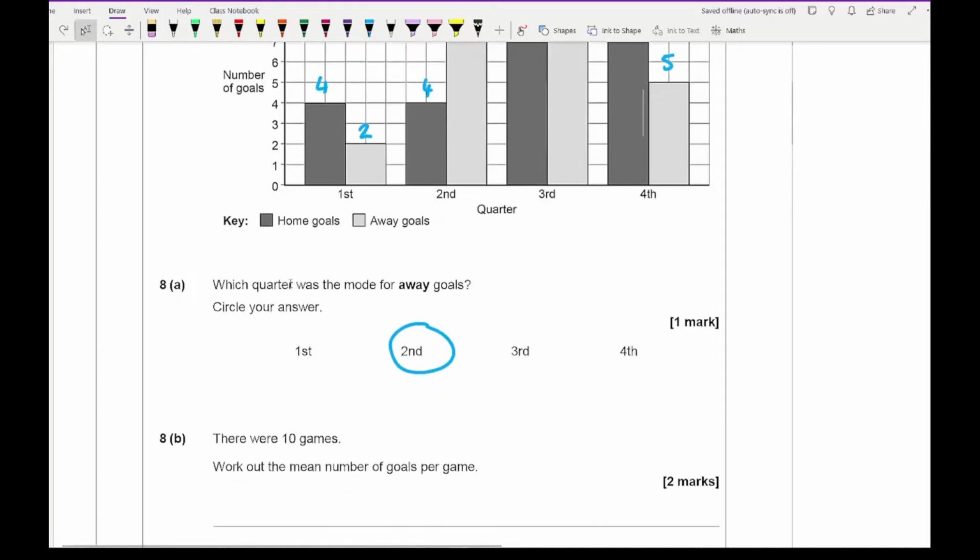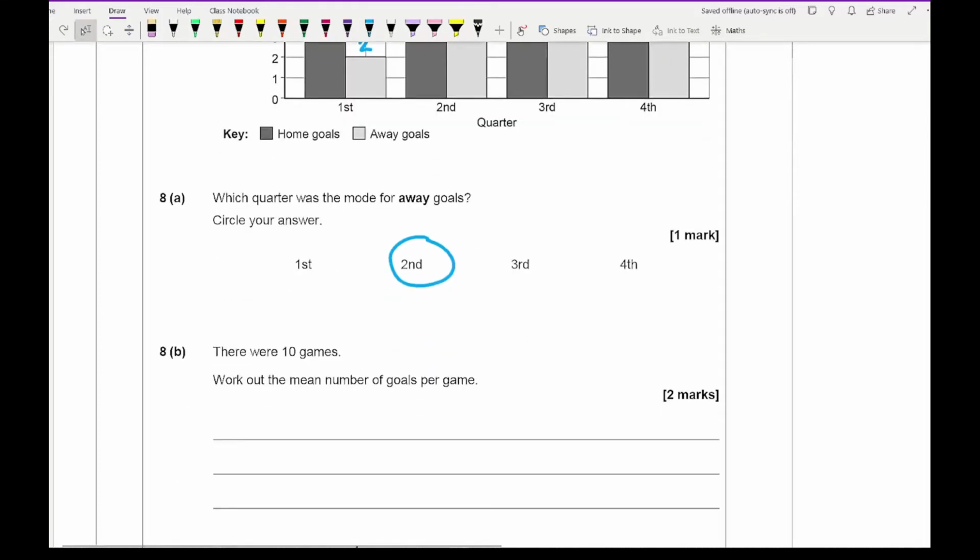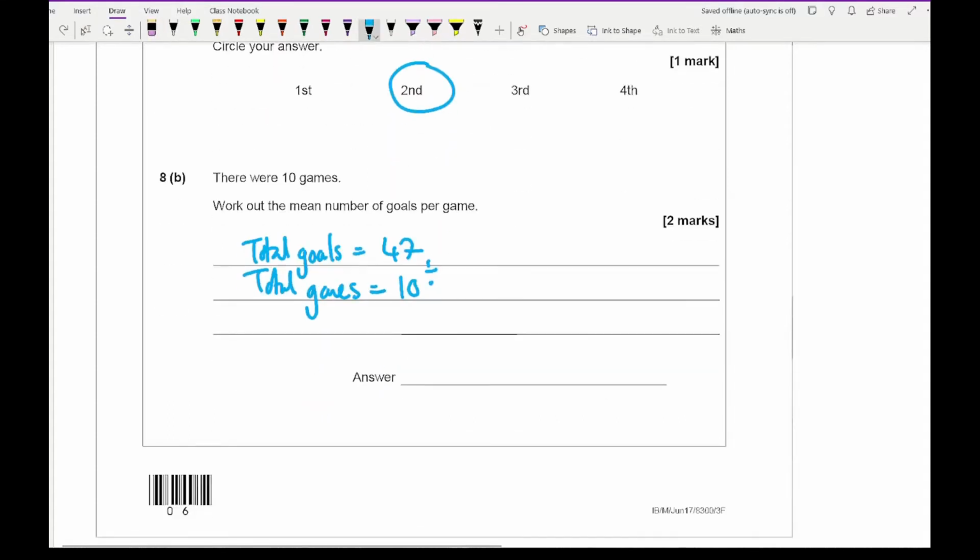And if I add all those numbers up, the total goals comes up to a total of 47. So the total games equals 10. So all I need to do is divide both those numbers, and we'll get an answer of 4.7.